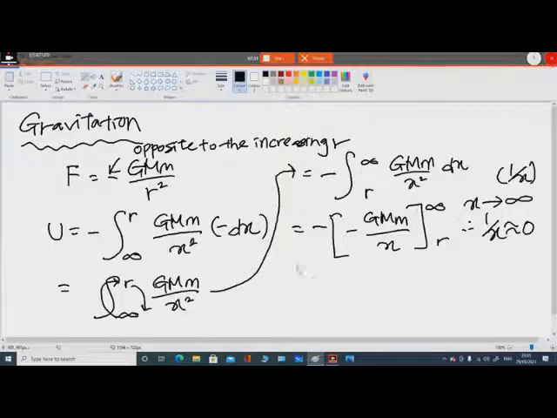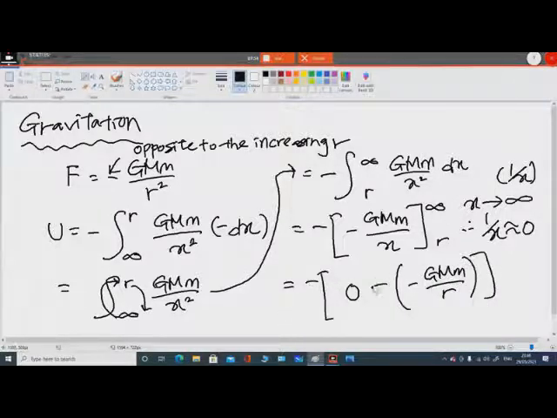So if x is at infinity, the gravitational potential energy will get 0. This one will be our GMm over r. So the final answer we got will be negative GMm over r. This is our gravitational potential energy.